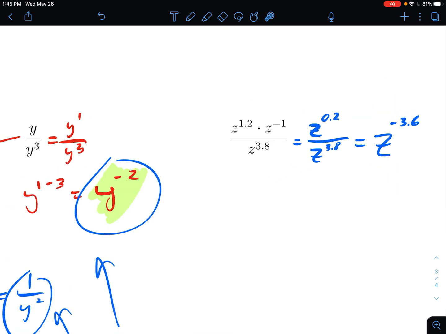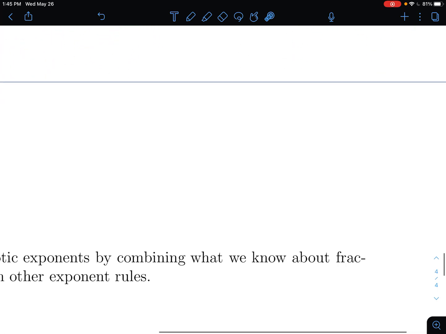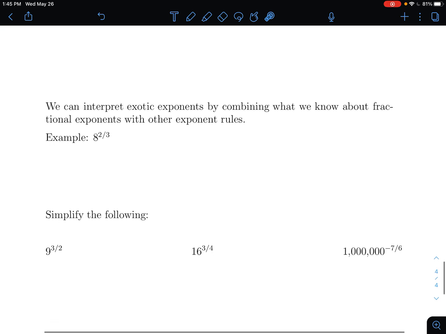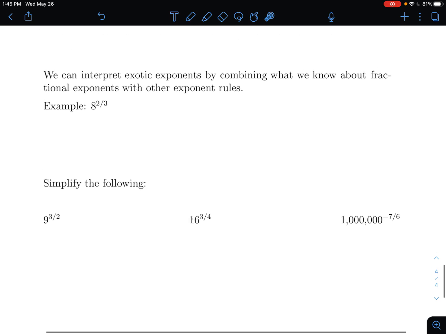And now our last page, just covering some of these rules. If we have an exotic exponent, we can figure it out by combining things we know about fractional exponents and other things. So 8 to the 2/3.